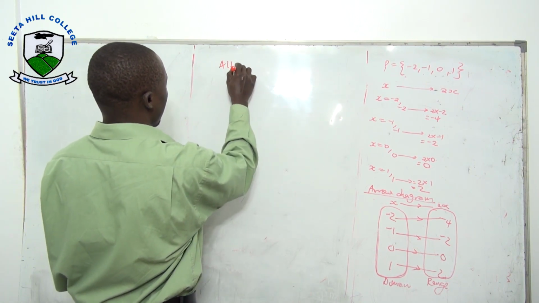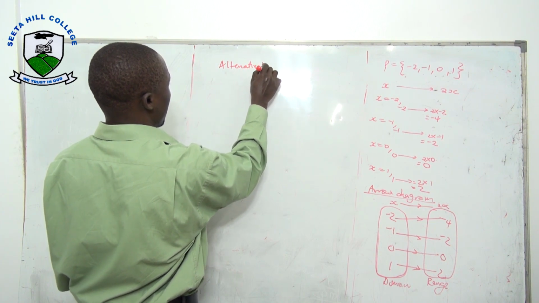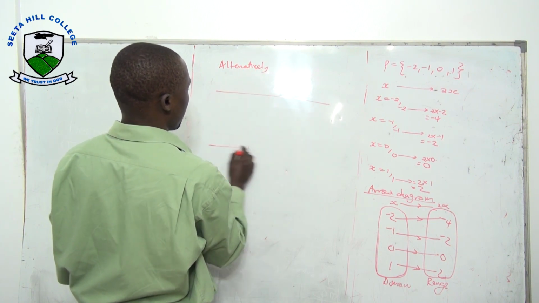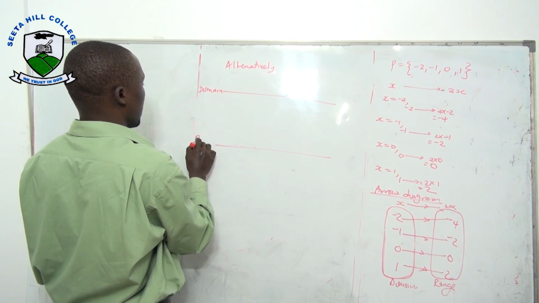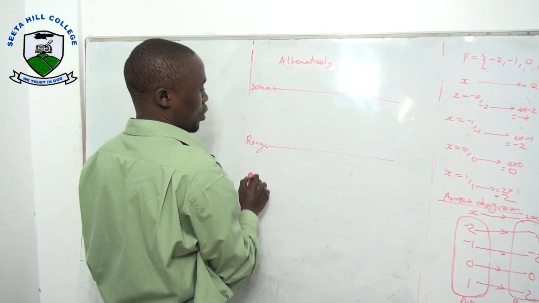Alternatively, somebody can use this arrow diagram and put here some elements. This is still our domain, and this is our range, not so?